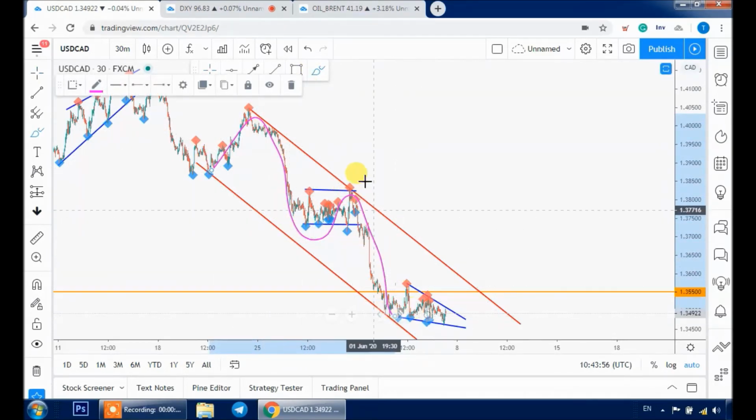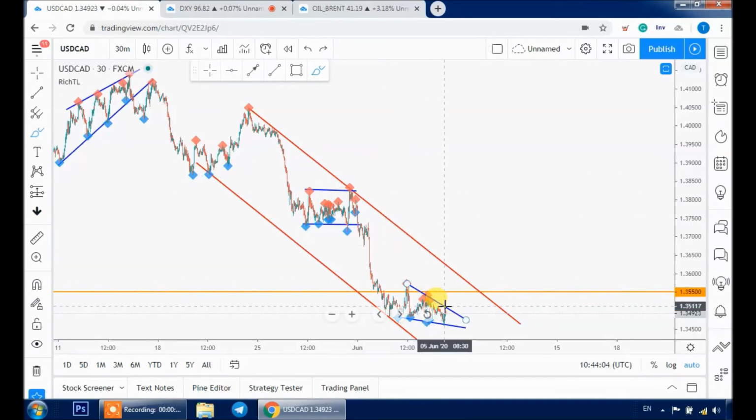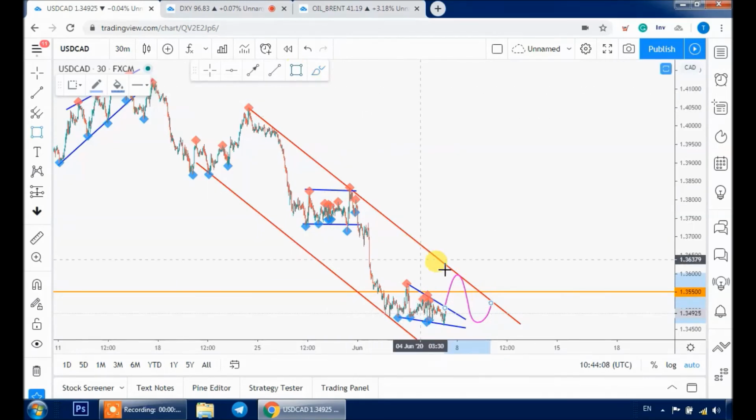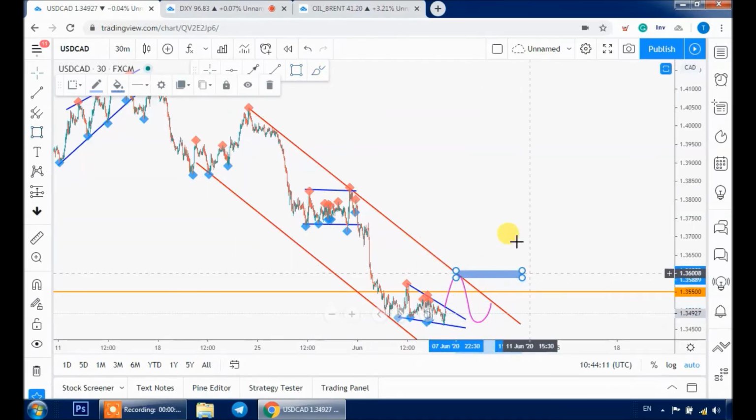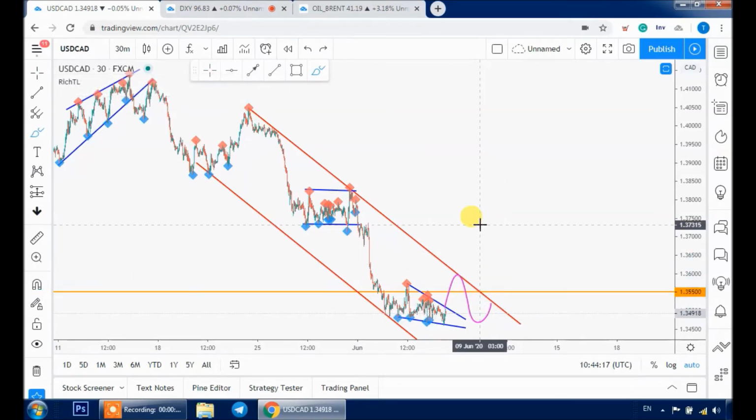It's not valid yet as it only connects 2 swings here and here. We want at least 3 swings to form a trend line to consider it valid. So we are waiting for a third swing to form around our upper trend line to consider it valid and to consider it our last swing, and then we will enter after a momentum close above it.